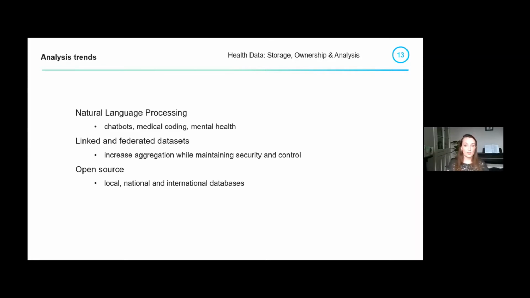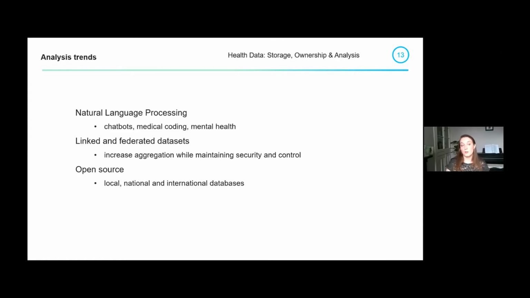Natural language processing and understanding continue to be very important, as a lot of current and historical data happens to be text. So it gets used in chatbots, helps support medical coding, and indeed mental health. Eliza, the first chatbot, was great for mental health. It performed better than some psychiatrists, people say.